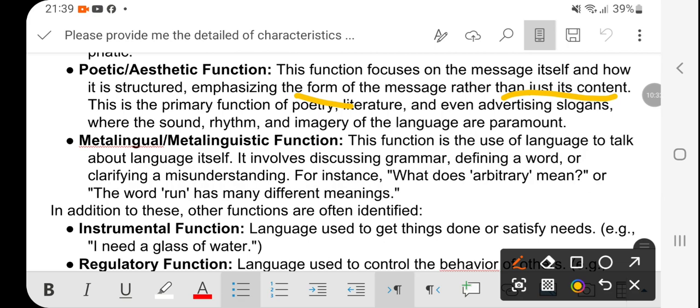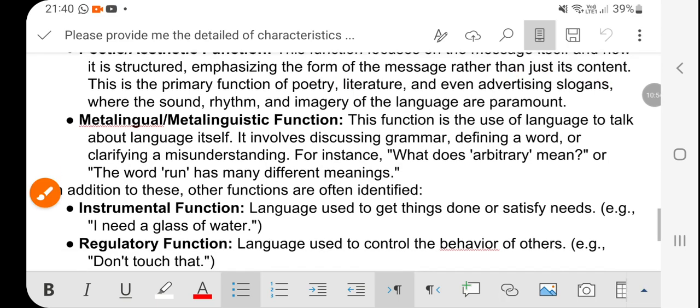The content might be simple, but we follow a rhyme pattern, we speak in that way. And then this is the primary function of poetry.